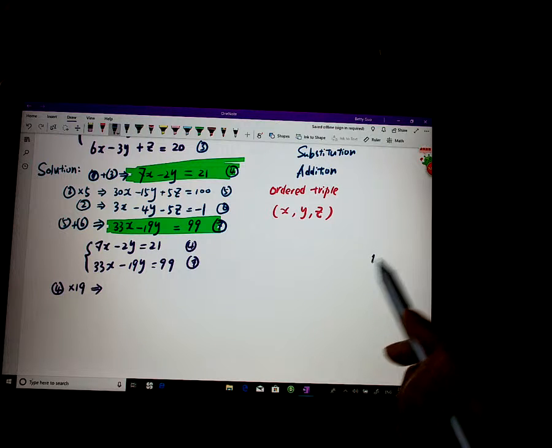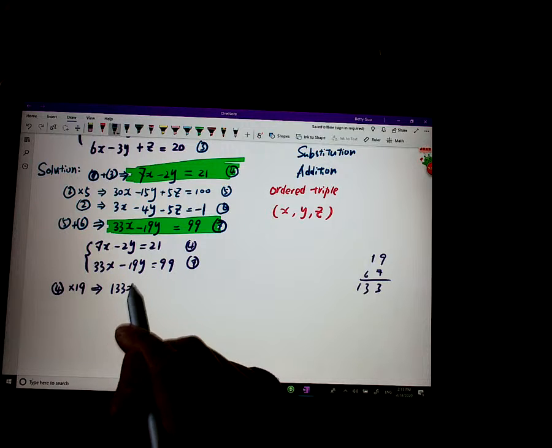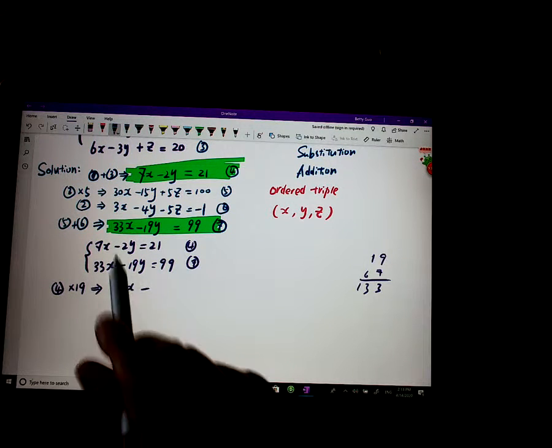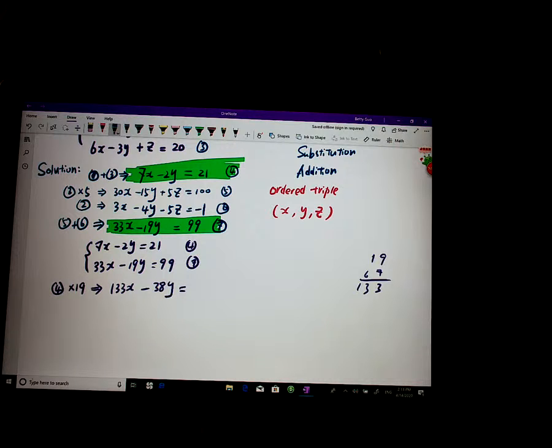What is 19 times 7? 133x minus 19 times 2, 38y equals 21 times 19. Let's see what is 19 times 21. 399.